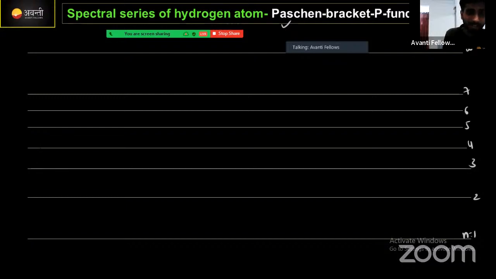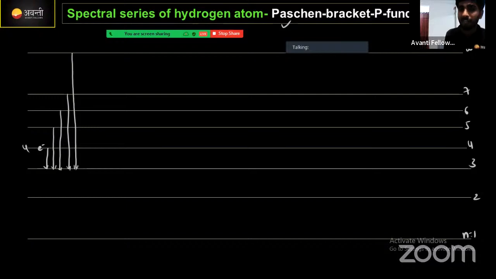The electron jumps from n equal to 4 to 3, 5 to 3, 6 to 3, 7 to 3, and from infinity to 3. Here n1 value will be 3, and n2 value is 4, 5, 6 etc. up to infinity. Clear? This is for the Paschen series.